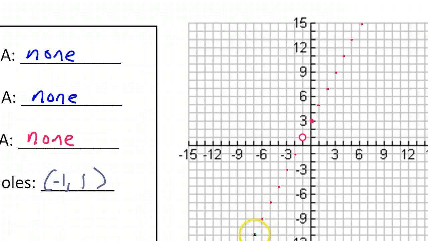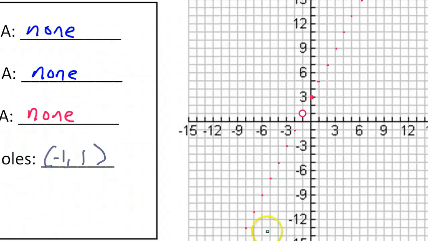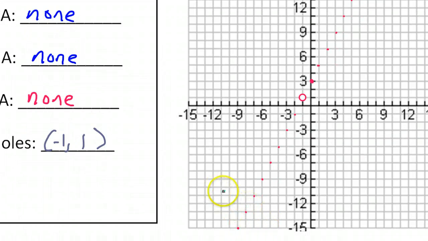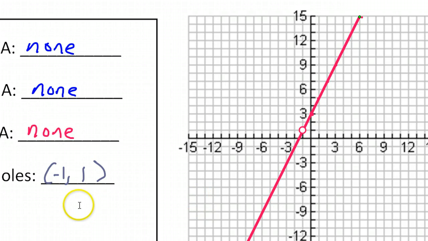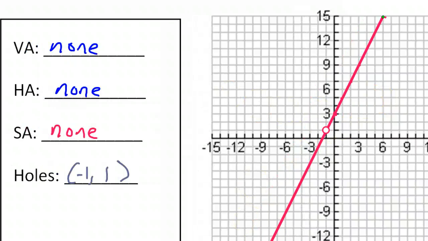Just go ahead and draw your graph through these points, and you'll be done. That's what this function is going to look like. Just a line with a hole in it. No asymptotes, vertical, horizontal, or slant.